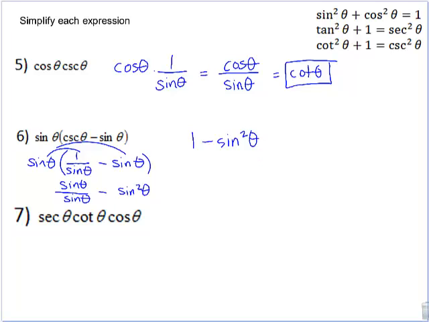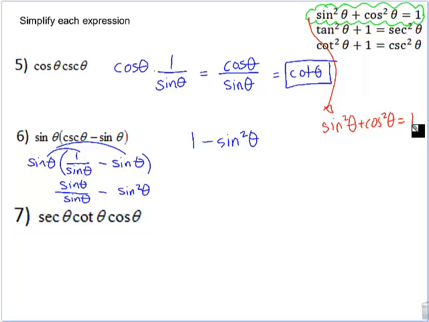Whenever you get something that has a 1 and a sine squared, or a 1 and a cosine squared, you kind of want to think about this first identity up here. Does that first identity have 1 and a sine squared in it? Let's try to rewrite that first identity so it looks like that. Right now, it says sine squared of theta plus cosine squared of theta equals 1.